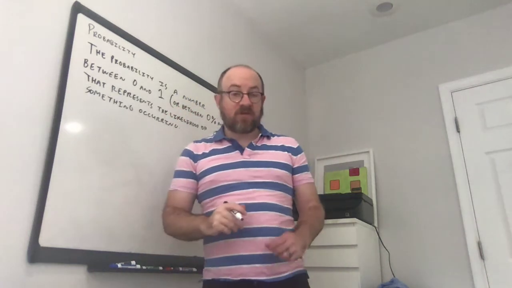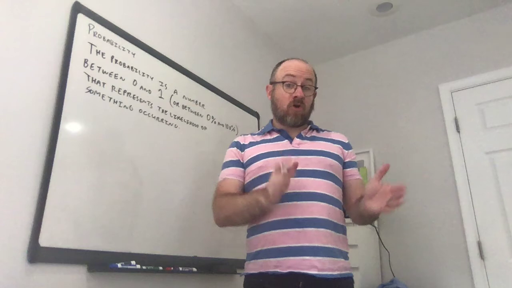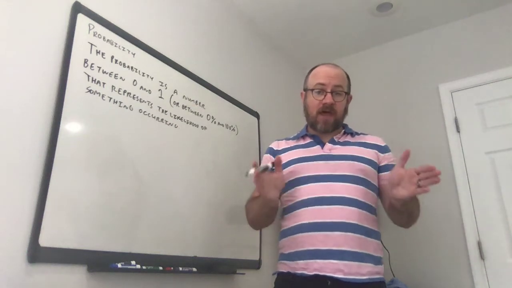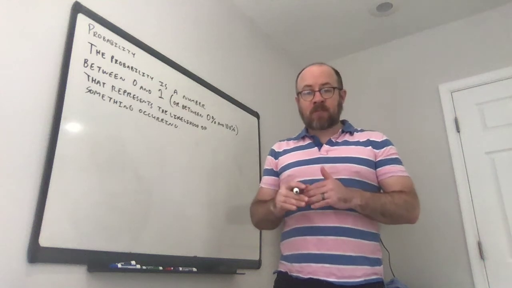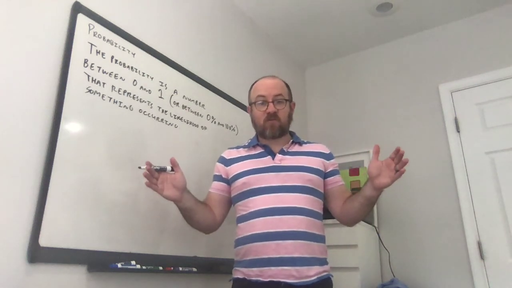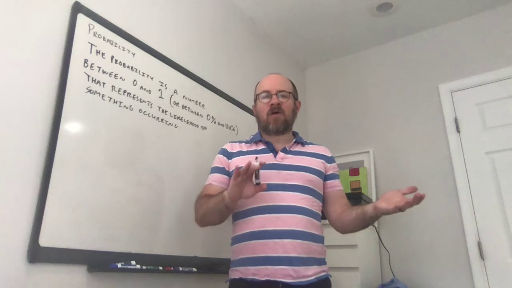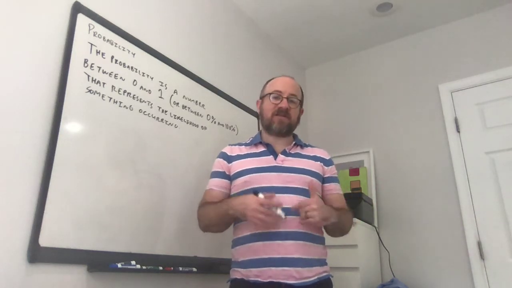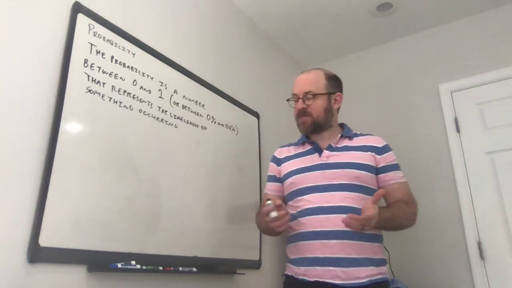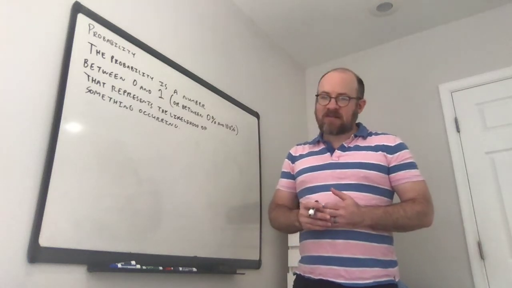Okay, so 0, or 0%, means that it absolutely will not happen. 1, or 100%, means that it absolutely will happen. And then all of the other numbers give us a range to say, well, how likely is it to happen? So is there a 50% chance? Is there a 70% chance? An 80% chance? So that's what probability is.